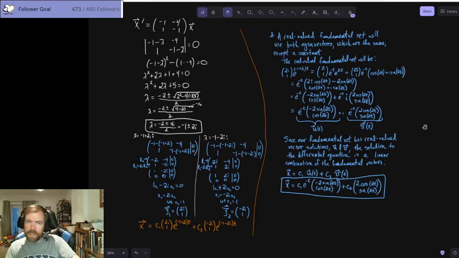So since we're looking at a differential system, which itself just has real numbers, what we really like to focus on is a real valued fundamental set. And even though it has imaginary parts in the eigenvalues and eigenvectors, this will eventually work itself out to be just real valued. And somebody might be like, well, that's kind of crazy.